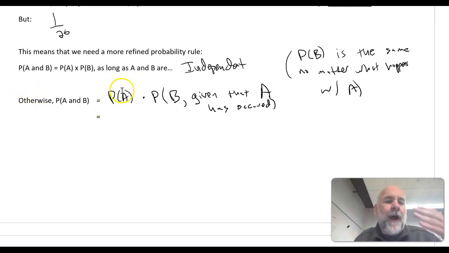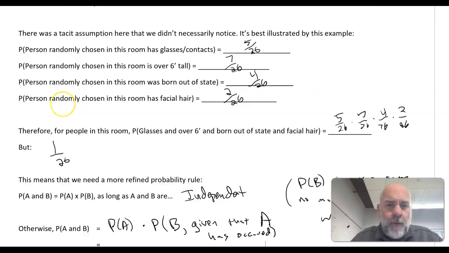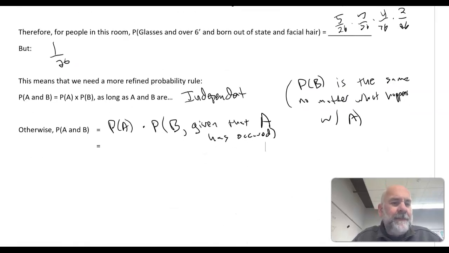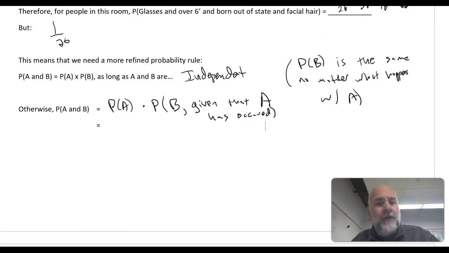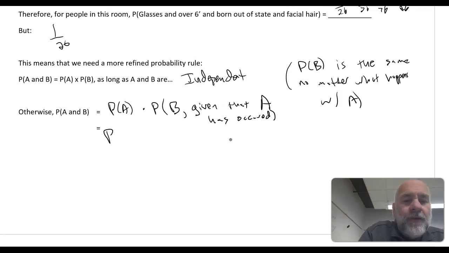So, for example, the probability of the person having glasses and then being over 6 feet tall is the probability of someone having glasses times the probability of B, given that you know the person has glasses. So you have to update it to reflect the fact that we're just talking about the people who have glasses now. There's a notation for this, and it's the probability of B given A.